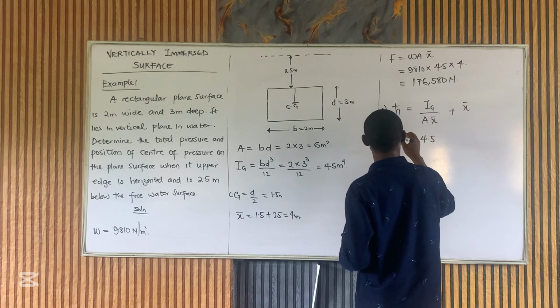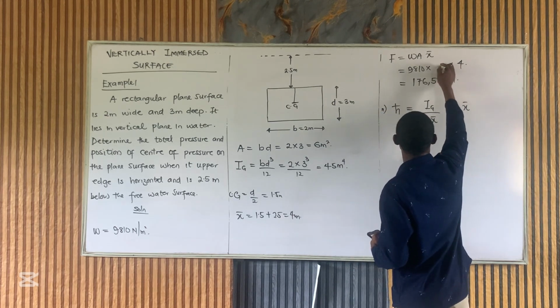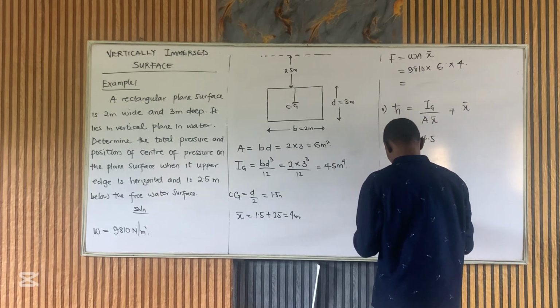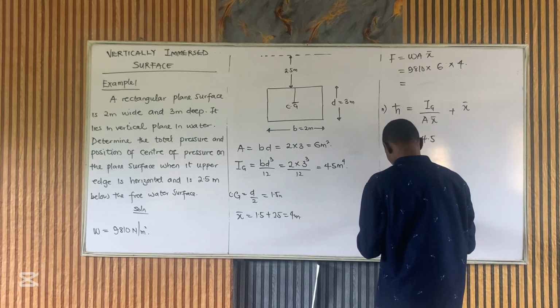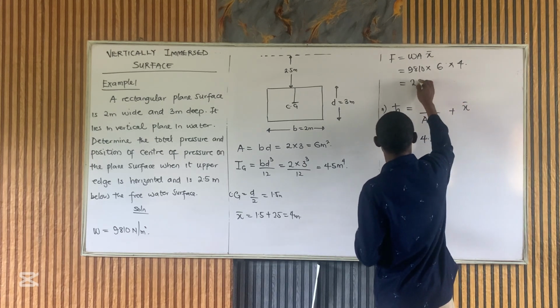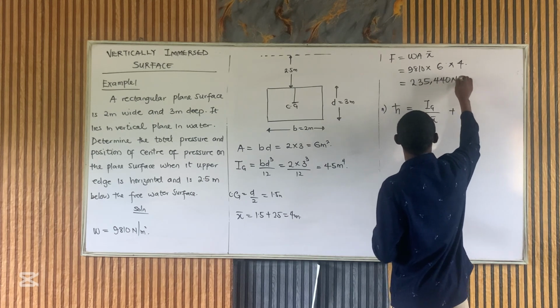Oh, is there a mistake here? Okay, sorry, there's a mistake here. This is 6 actually, not 4.5. So this should be reevaluated. So this is 235,440 Newton.